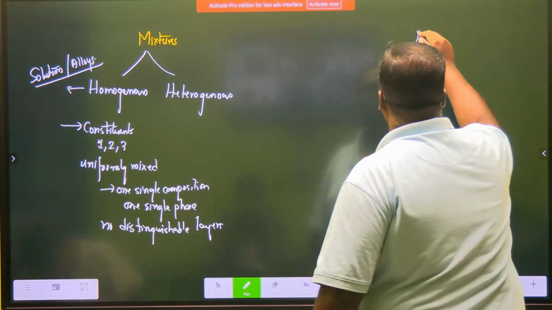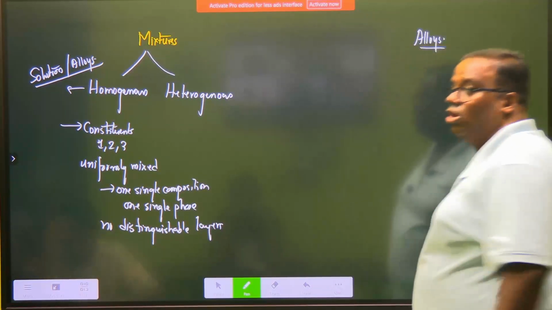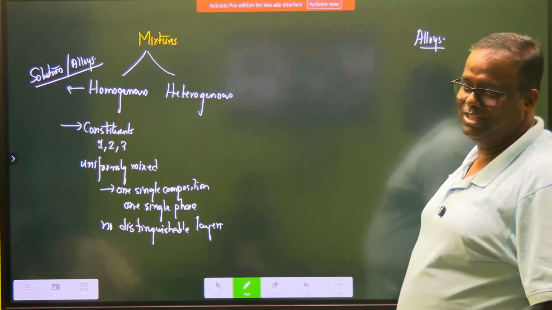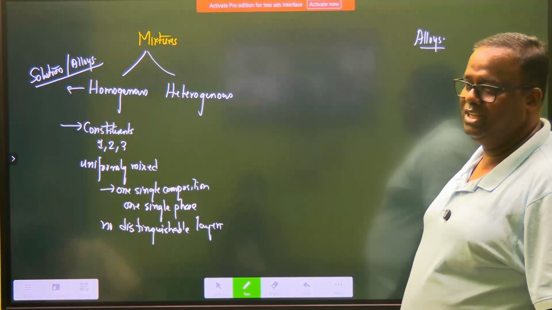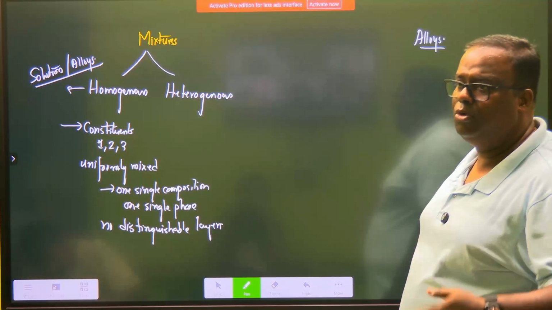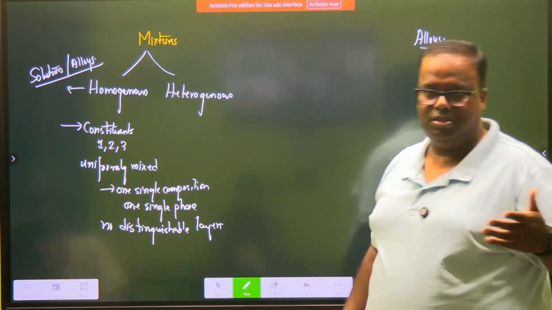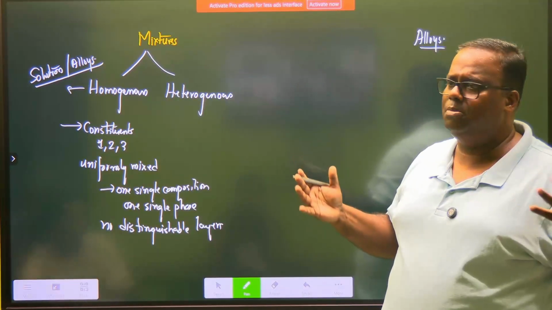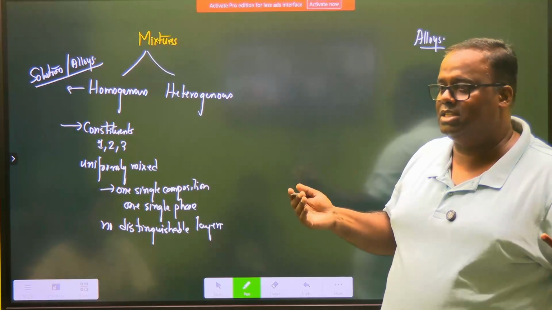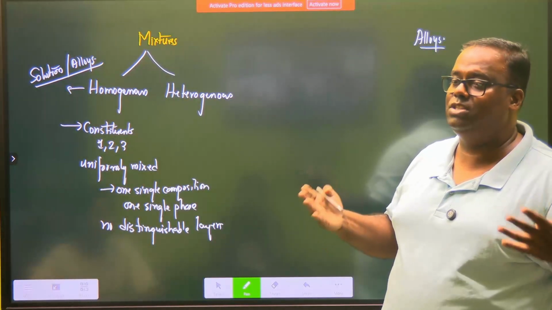Let's talk a little bit about alloys. There is a short description of alloys. But when you talk about alloys in mechanical engineering, the alloy itself is one subject. So many things. And alloys is the best thing that all of you must have studied about the Bronze Age civilization, right? Bronze Age. When bronze came about, haven't you read that in history? When man started to know about metals. So there was an age known as the Bronze Age civilization.